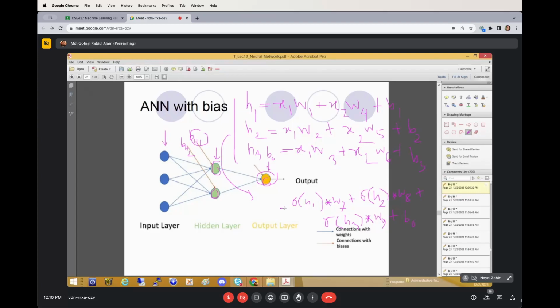This is our output sum. Then for the predicted value, we just take the sigmoid of our output sum. So it is a little bit changed. This is our predicted value.